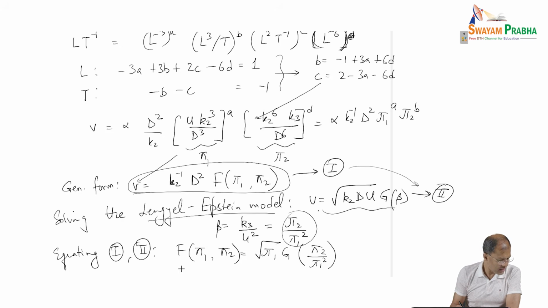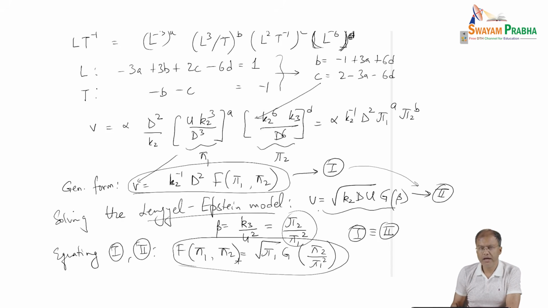And notice that again we have found that the equality is only in the form of two dimensionless groups pi 1 and pi 2. So it turns out that 1 is at least dimensionally identical to 2 because of the fact that f and g are related as follows, right? So that is what it is.